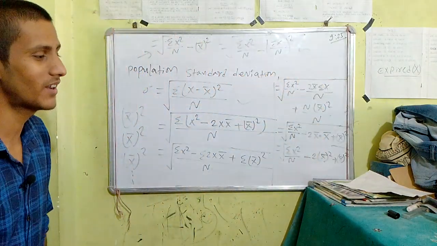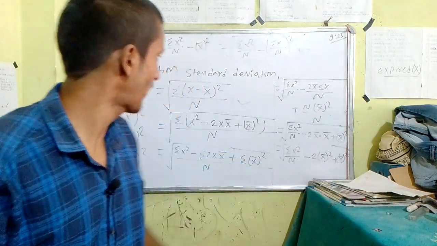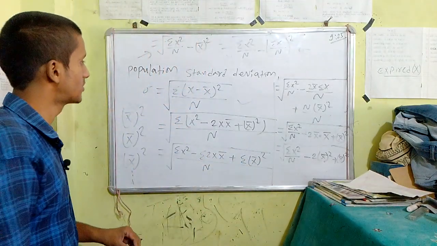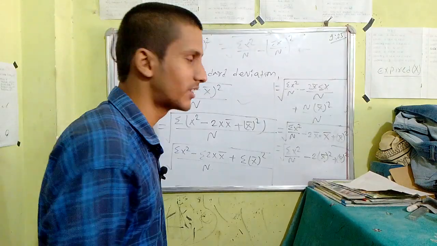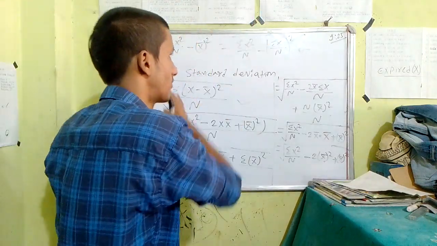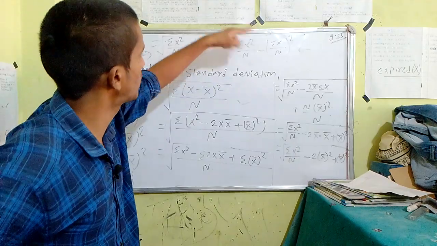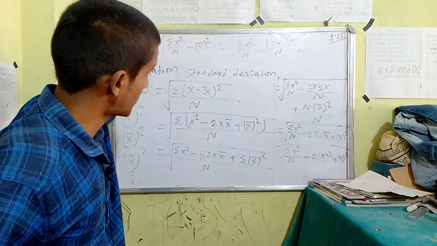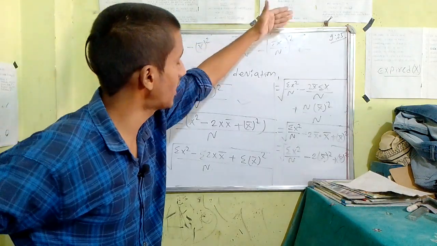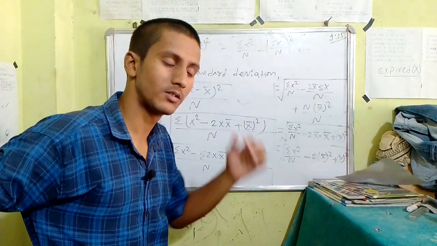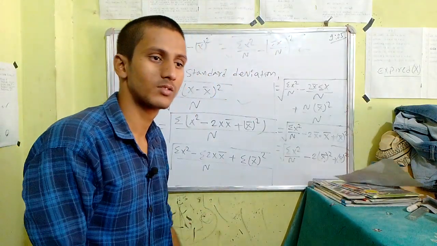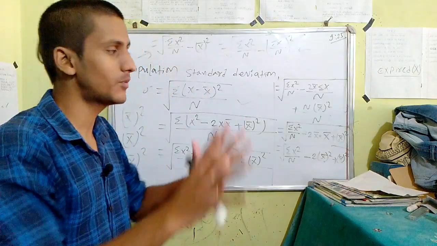So you have two formulas now for finding the standard deviation, which is firstly the definition, and second the formula derived from the definition, which is square root of summation x squared over n minus summation x over n whole squared. But wait a minute.